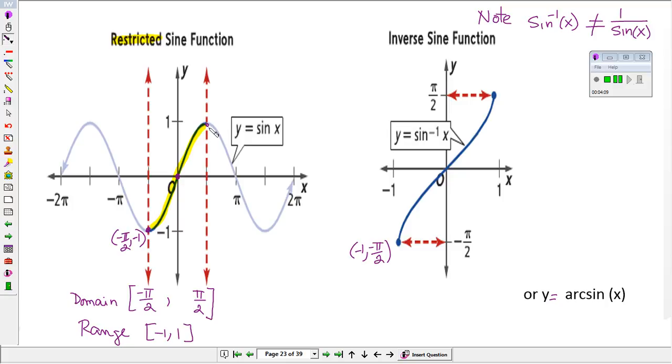So the range of the sine function becomes the domain of the inverse function, and the domain for the sine function becomes the range for the inverse sine. So now you can see that your x and your y values are interchanged.